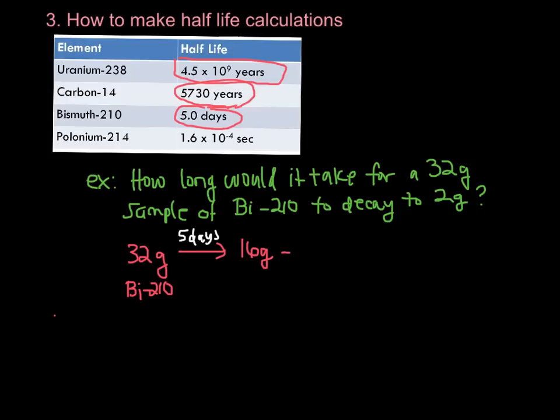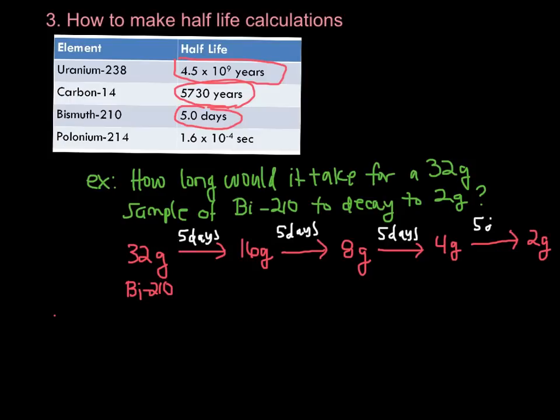And then after another 5 days, it is going to decay to half of 16, which would be 8 grams. And after another 5 days, it will decay to 4 grams. And then after yet another 5 days, it will decay to 2 grams.